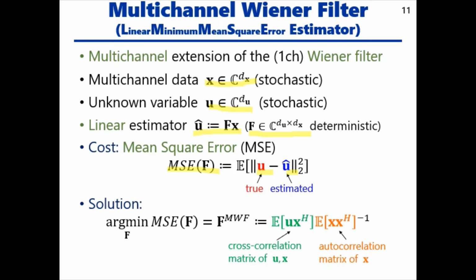The solution is given by this equation, where the first term is the cross-correlation matrix of U and X, and the second, the inverse of the autocorrelation matrix of X. This optimal filter is called the multi-channel Wiener filter, also known as the linear minimum mean square error estimator, or the LMMSE estimator for short.